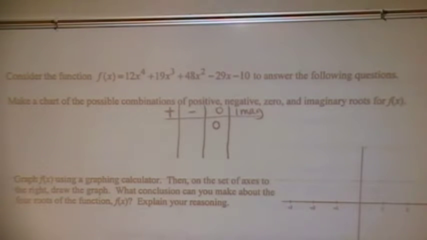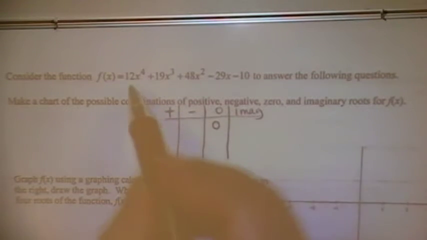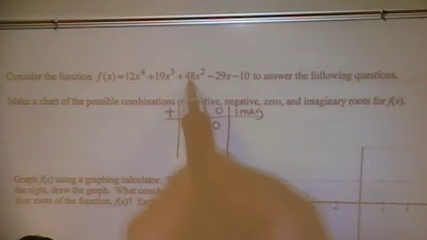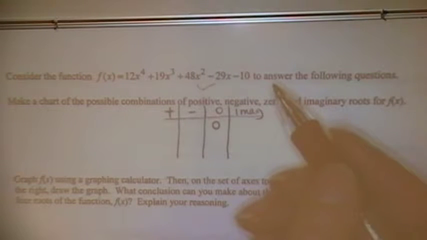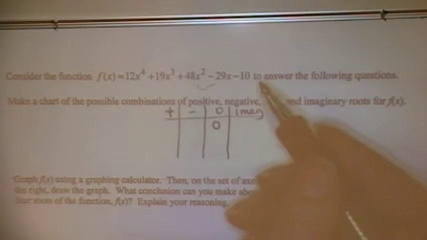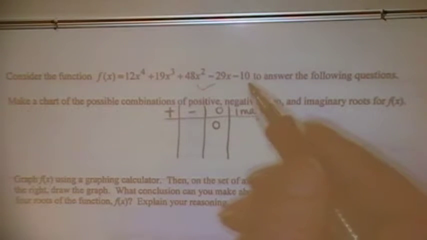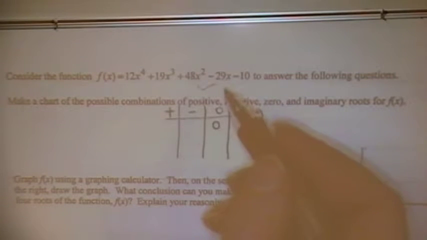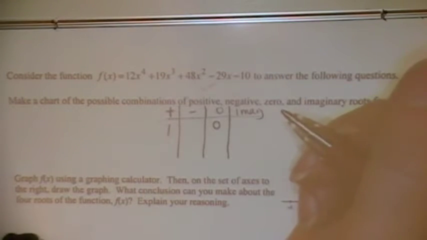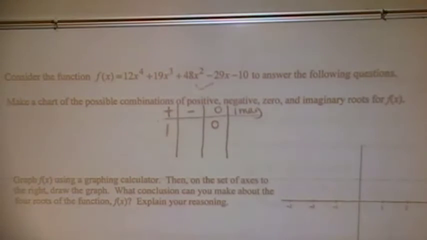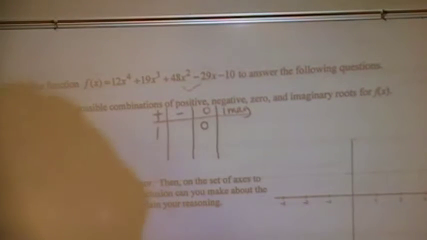I'm going to count positive sign changes first. 1. Which means 1, because remember, you subtract multiples of 2, and I can't subtract 2 from 1. Well, you can, but you get a negative number, and that doesn't help you. So there will be 1 positive root. So now I've got to figure out how many negatives there are going to be. So plug in negative x.